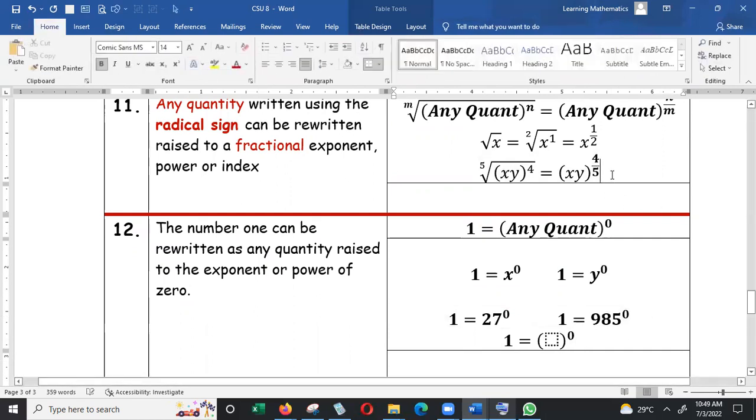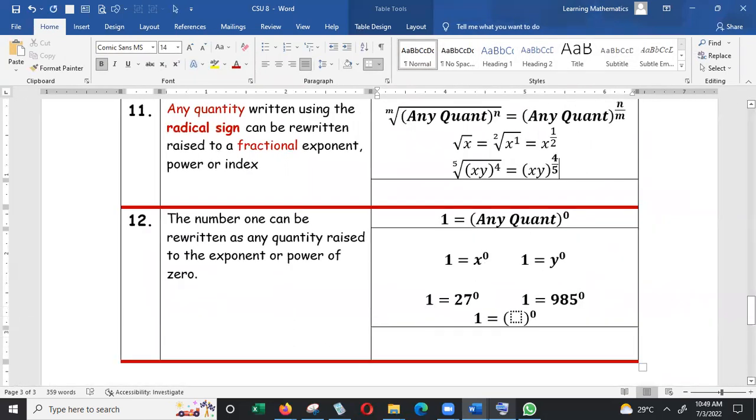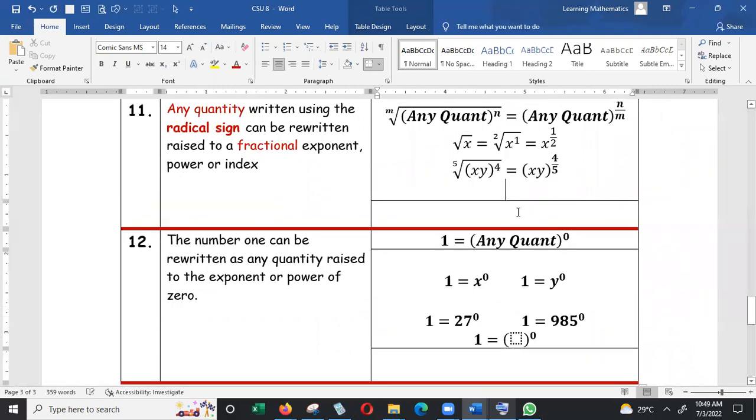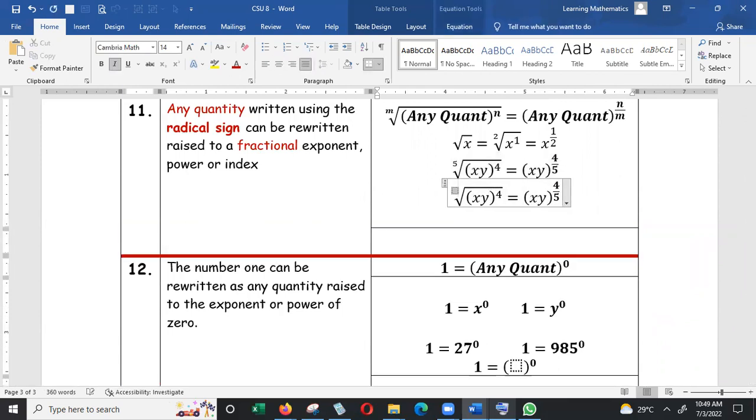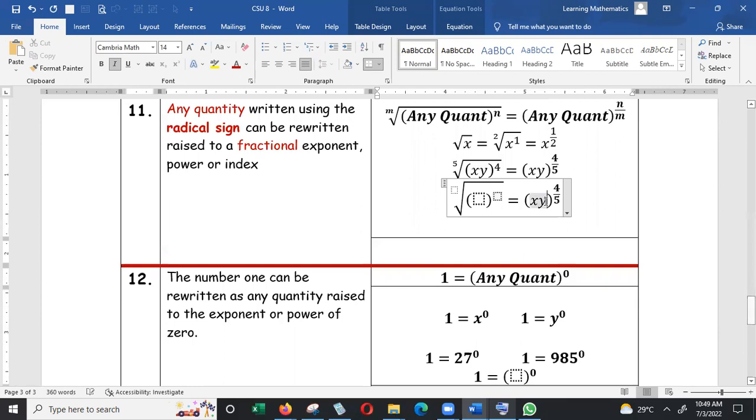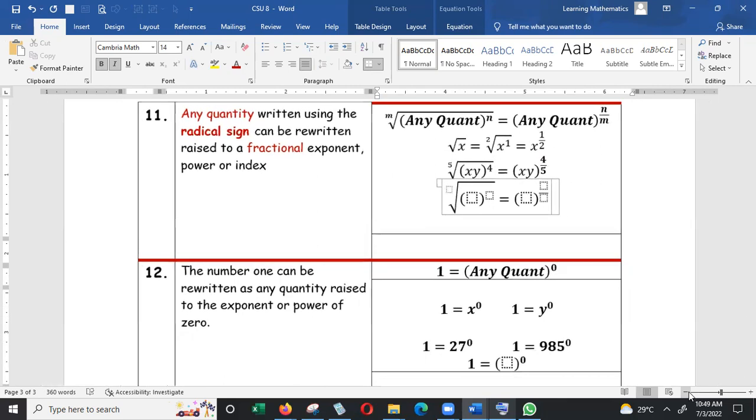Likewise, you can write the radical sign. Let me just copy and paste it there. Delete the 5, delete the xy, leave it blank, delete the 4, delete the xy here, delete the fraction, that denominator 5, and you can make up your own example.